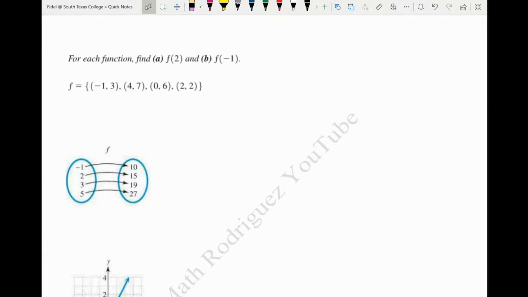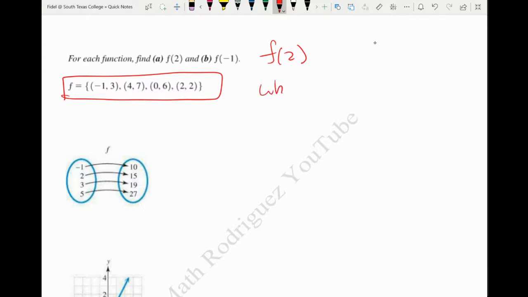But for the first part, the function is given to me as a set of ordered pairs, okay? So if I'm going to find f of 2 from here, what I'm asking myself is, what is the y value when x is equal to 2?